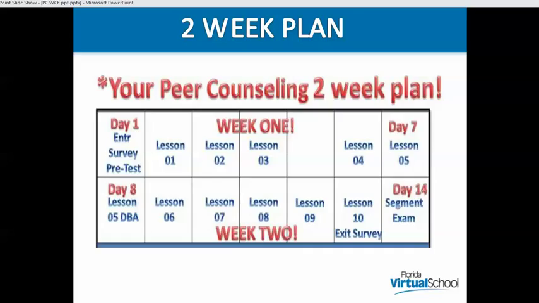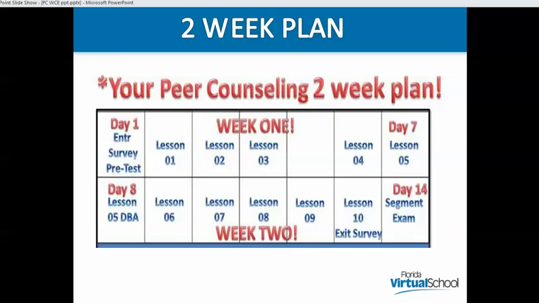Then for week 2 is when you could do the discussion-based assessment, and then you finish up, and on day 14 you can take that segment exam, and then we can issue the grade. So once you get towards the end of your first week, you can go ahead and schedule an appointment for the following week for your discussion-based assessment. And then for that second week, you can just finish up working in the course and finish it off on that last day 14 with your segment exam. That is the quickest you can get the course done, and that is the 2-week plan.